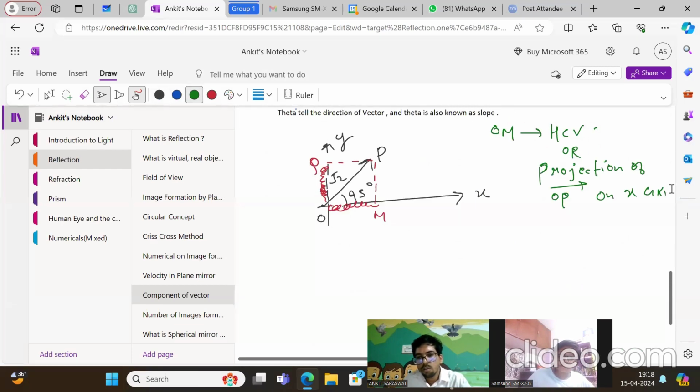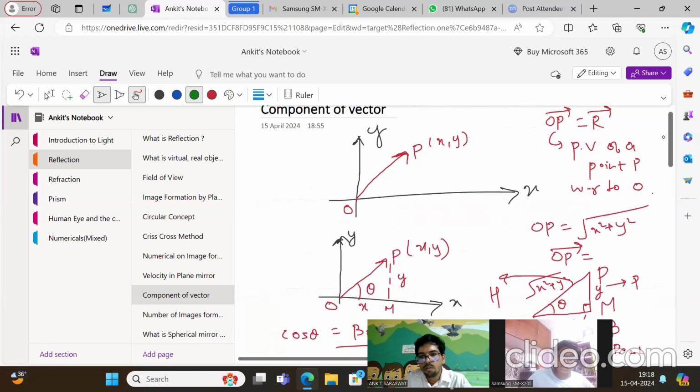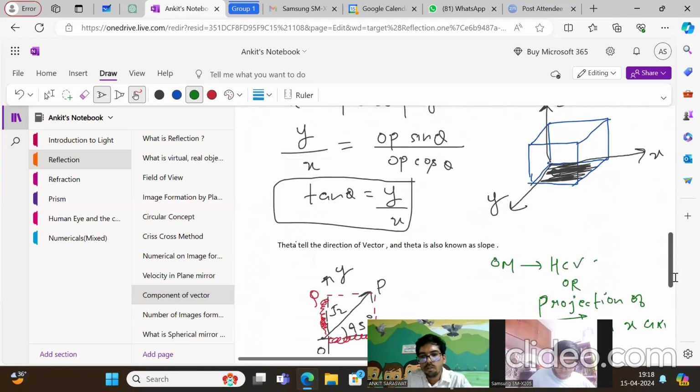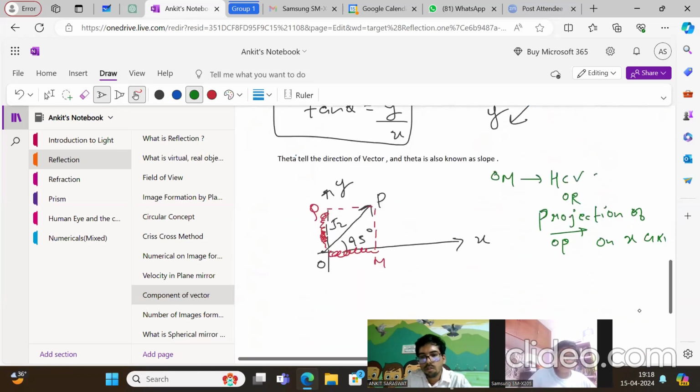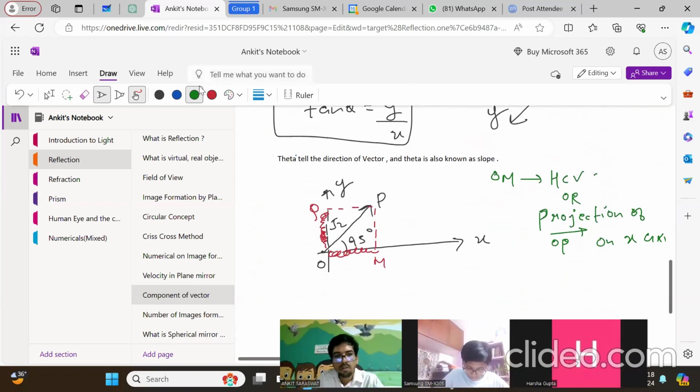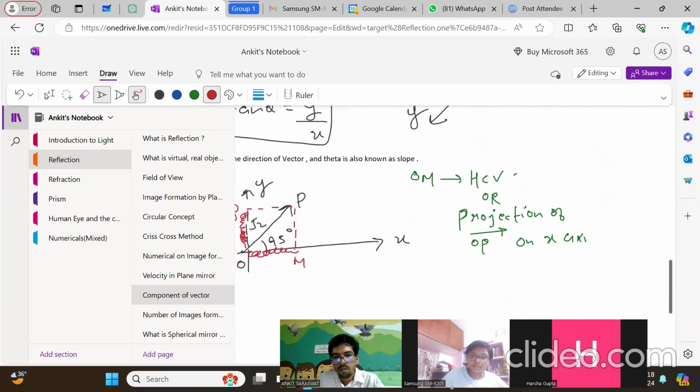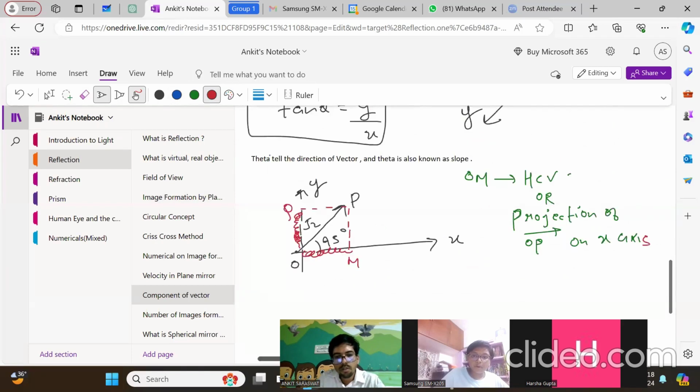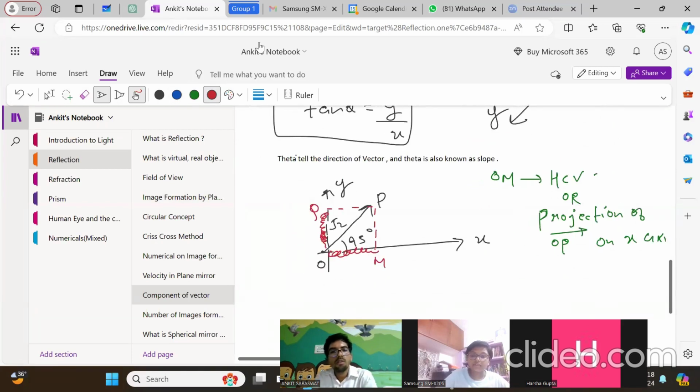Okay. Using the vertical component, we can find the horizontal component, which will also be 1. So you are getting what? Horizontal component is how much? 1, sir. Okay, very nice.